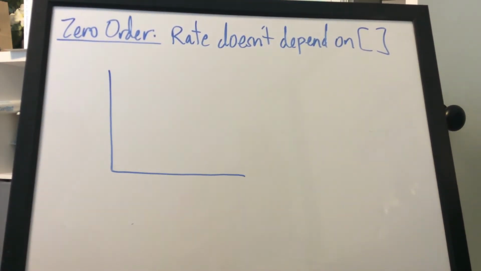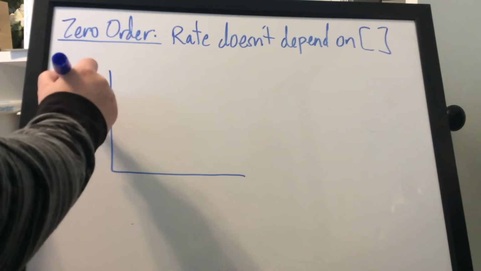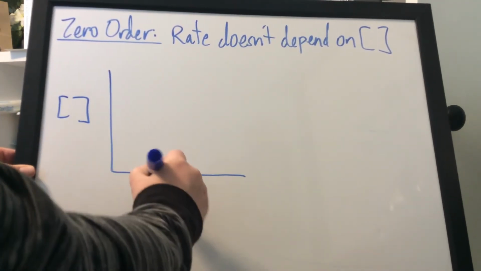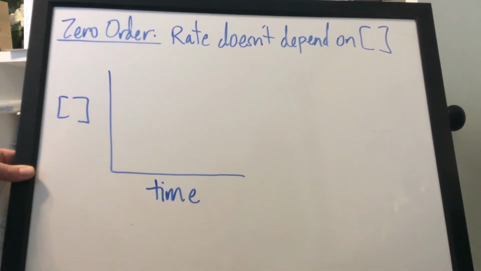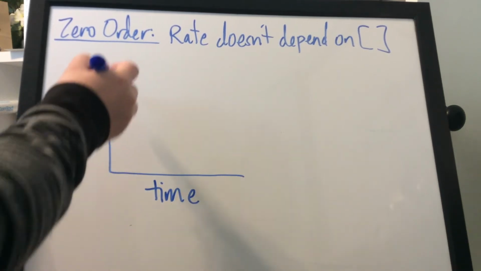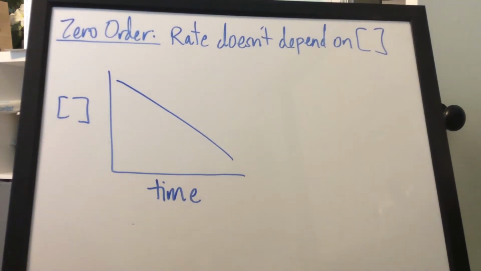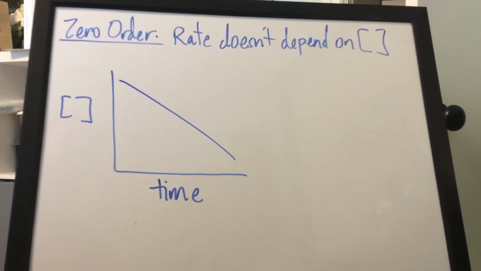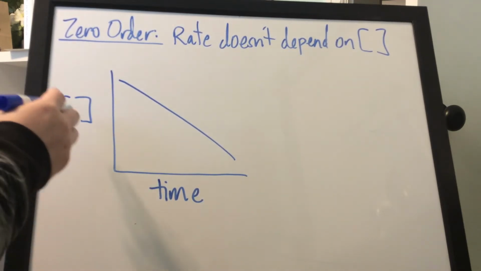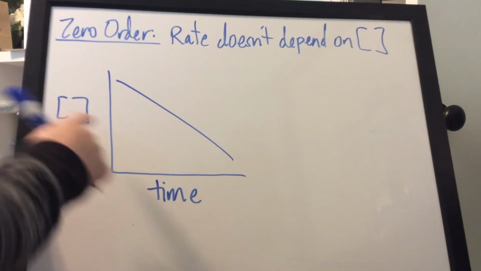It's very simple. If you graphed concentration versus time, of course, if it's a reactant, concentration can decrease, so your slope would be negative. But in this case, if the line was straight, it would indicate that it was 0 order. So 0 order is concentration versus time.